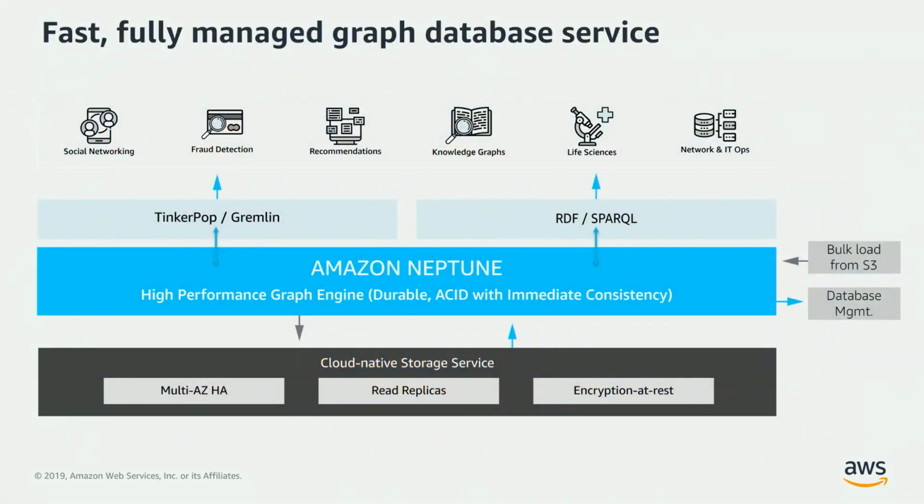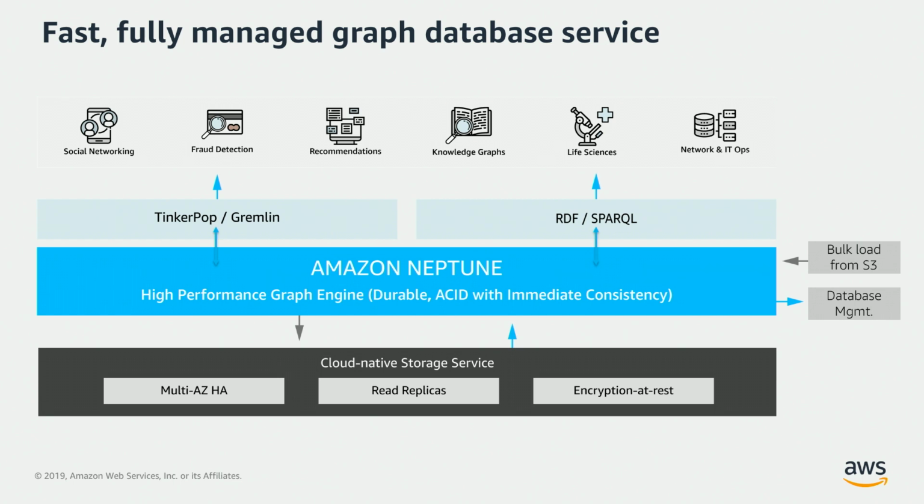This is our architectural diagram, if you will, of Neptune. The core of Neptune, that blue rectangle, is a purpose-built storage engine that's optimized for graph and is durable and ACID with immediate consistency on the write master. And then we expose that functionality by supporting property graph through the Apache TinkerPop and Gremlin stack.